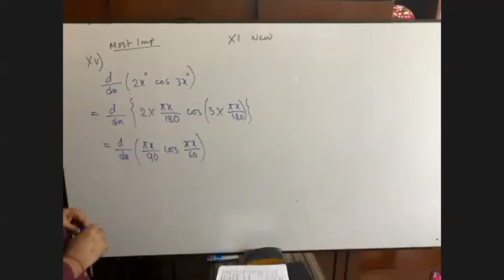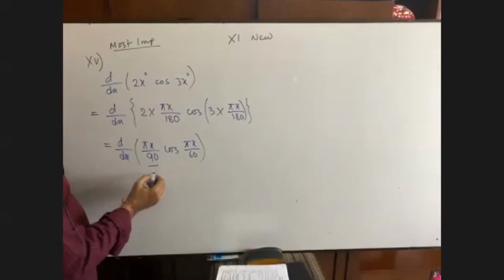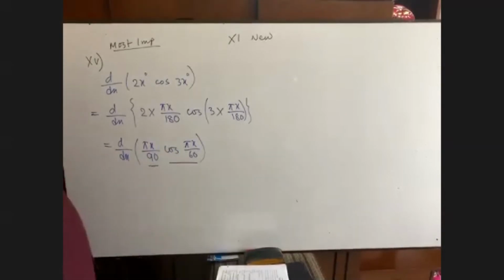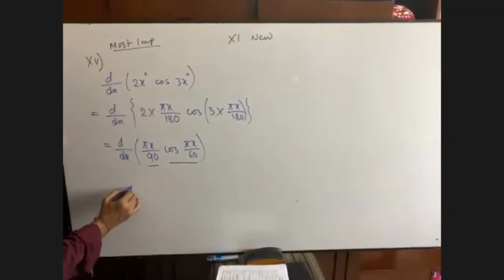Now you see it is the format of the UV formula. It is U and it is V. What is the formula of UV? Please pay attention.